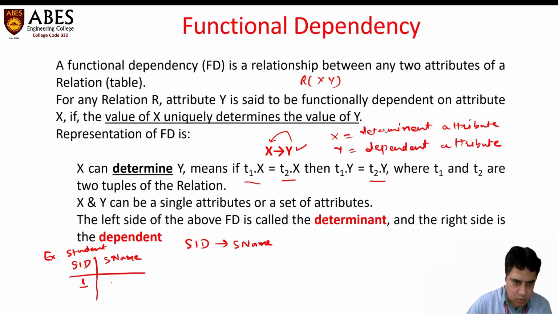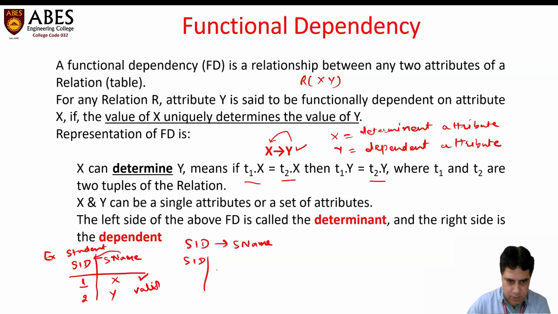Suppose there is roll number 1 with student name X, and roll number 2 with student name Y. There is no problem in this case. This is valid. Student name is dependent on student ID. X and Y are different students and their roll numbers are different.